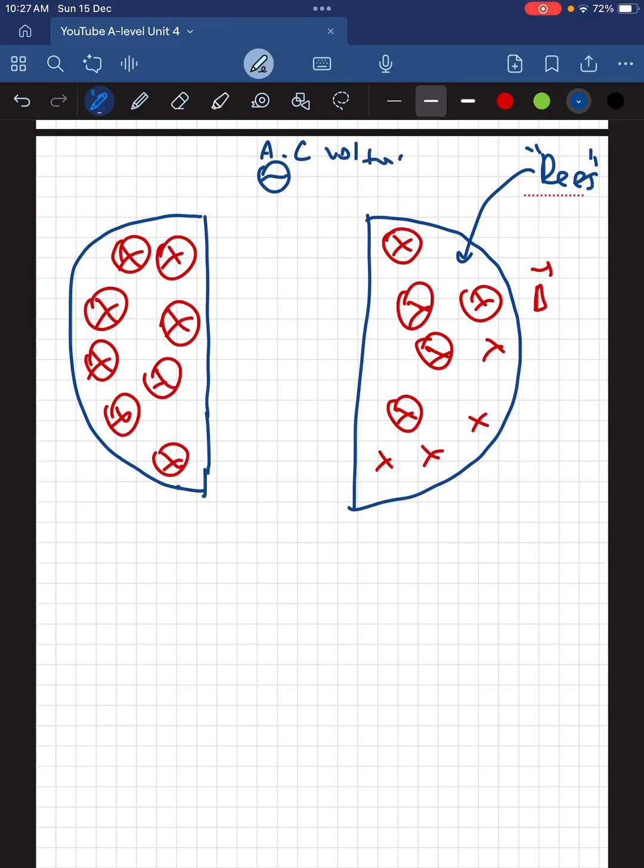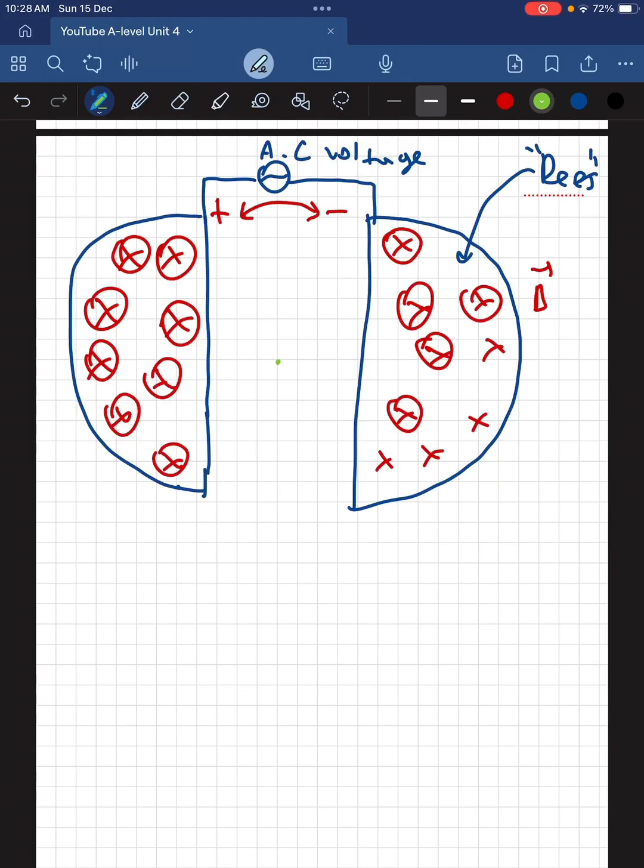So this is the AC voltage, which has a constant frequency, and it's applied across these Ds, okay? And because it's an alternating potential, the polarity changes at all times between positive and negative.